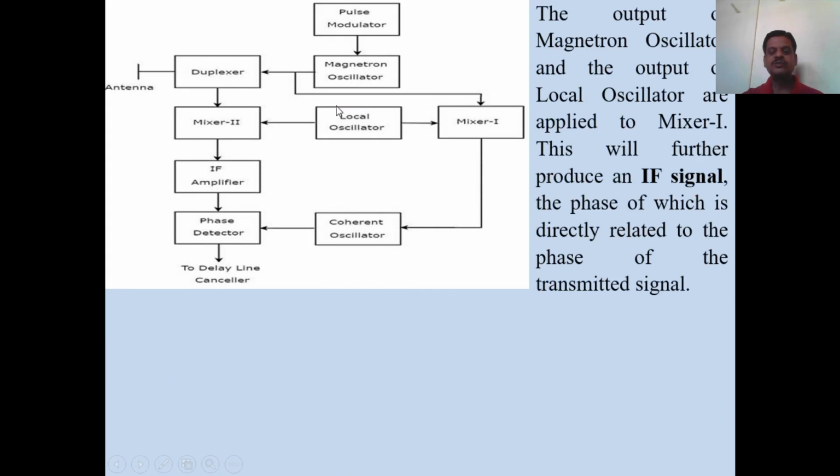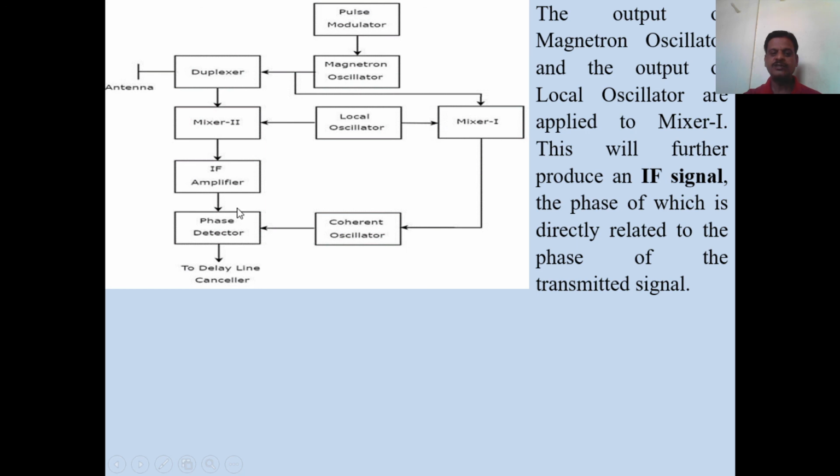Okay, so the output of the magnetron oscillator and the output of the local oscillator are fed to mixer 1, and this further produces the intermediate frequency signal, the IF signal, the phase of which is directly related to the phase of the transmitted signal.